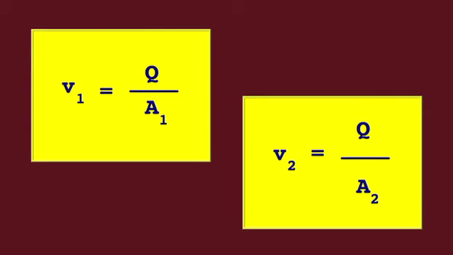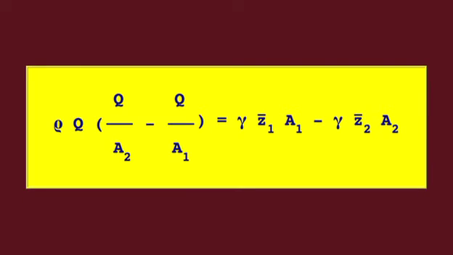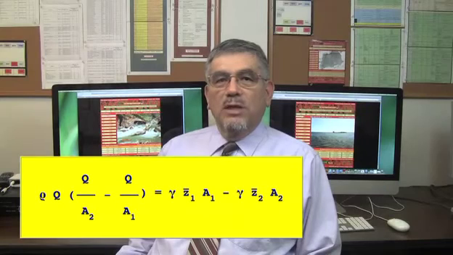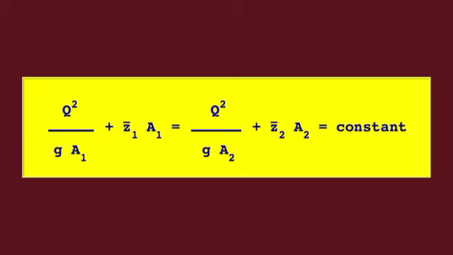The velocities are thus, the momentum balance is rearranging and dividing by gamma, therefore, the specific force F is constant in a short horizontal prismatic channel.